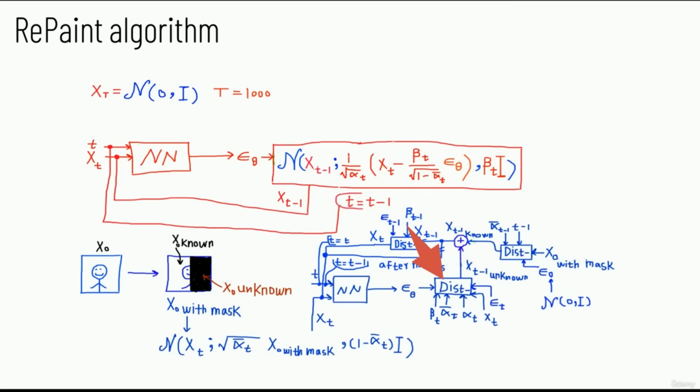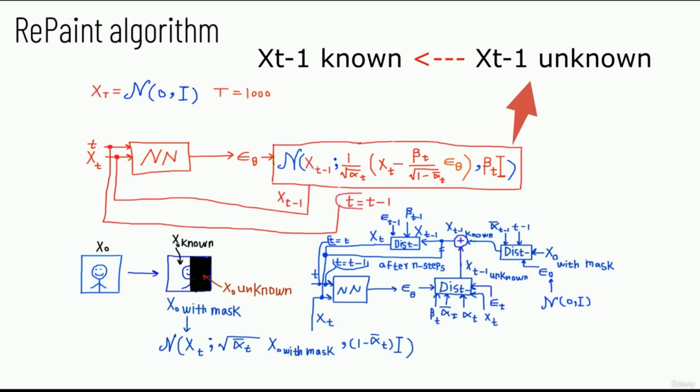Now we will take just the unknown part from xt minus 1 variable. Here our diffusion model will automatically try to harmonize the unknown part of xt minus 1 variable with the known part. Our diffusion model will do this inherently during finding and removing the noise from xt variable.